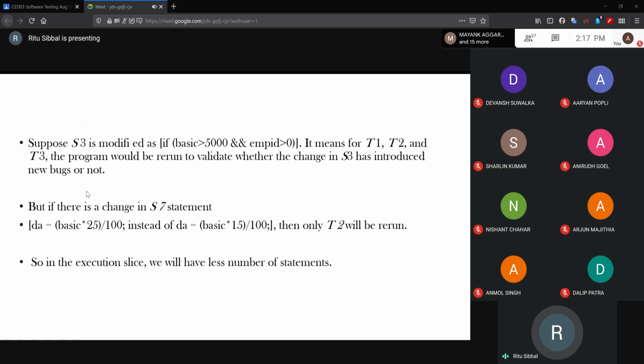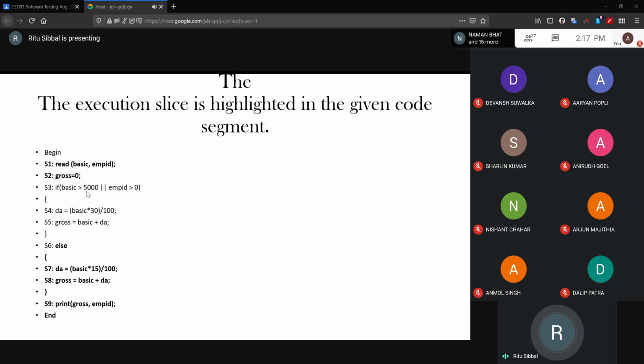So this is prioritization of the test cases on the basis of execution slice. That is, on the basis of the number of statements which are executed when there is a modification in the program. All right. So this is how it is highlighted here.